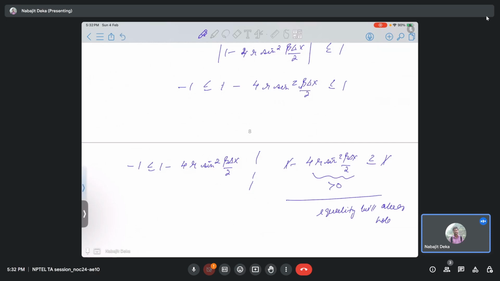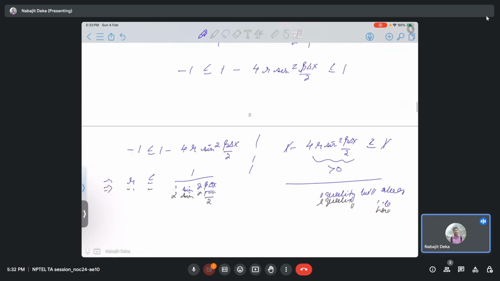There is a minus sign here, and minus of a positive term will always be less than 0. So this will hold anyway. For this, what we'll have is r should be less than 1 by 2 sine square beta delta x by 2.